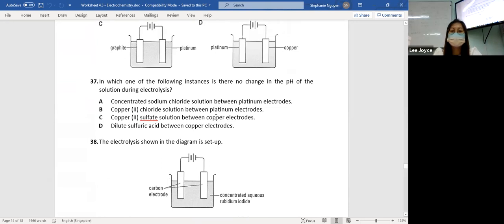Then we said that the Cu2+ ions that are formed from the oxidation of the copper anode will replenish for the loss of the Cu2+ ions from the electrolyte at the cathode. And also in the end, there's no change in the pH, it will just remain the same.